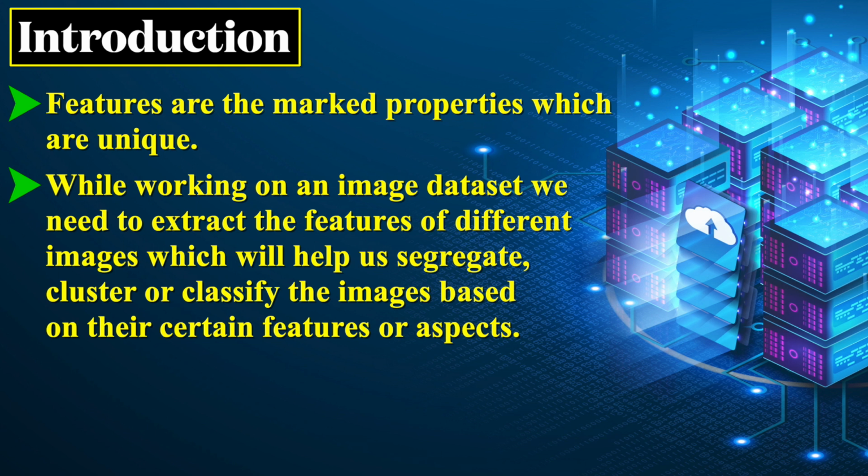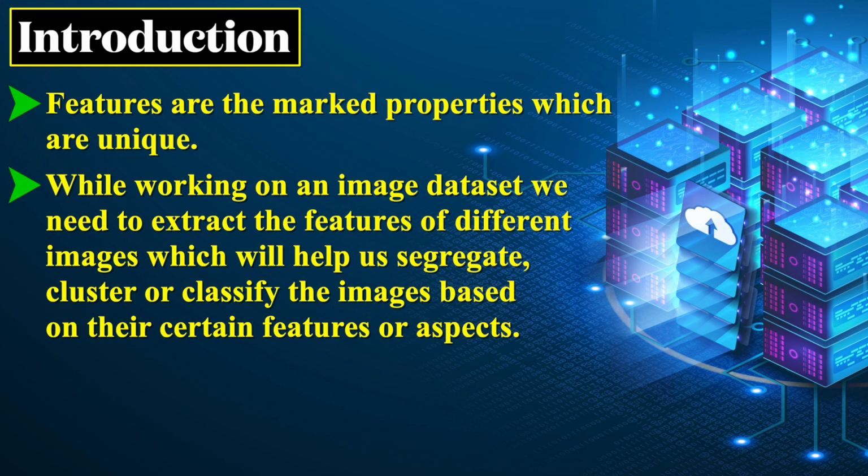If you have a database of 1000, 5000 or 10,000 images, then the computer will do the work. Therefore, the machine should understand the features of images so that it can segregate, cluster and classify the images based on the features, the aspects, the qualities or specifications of the image.